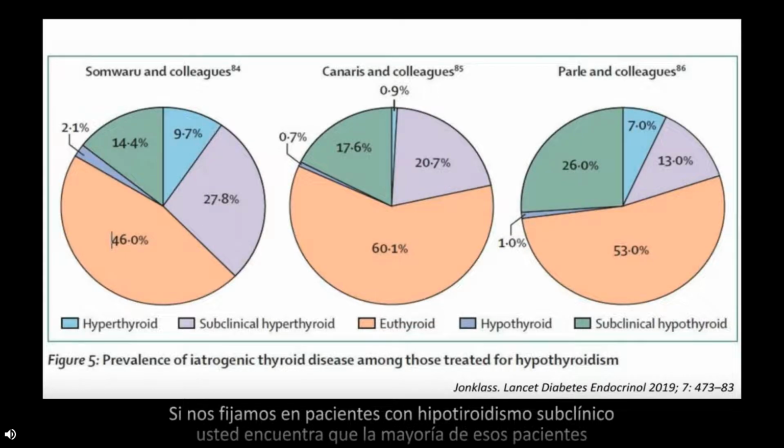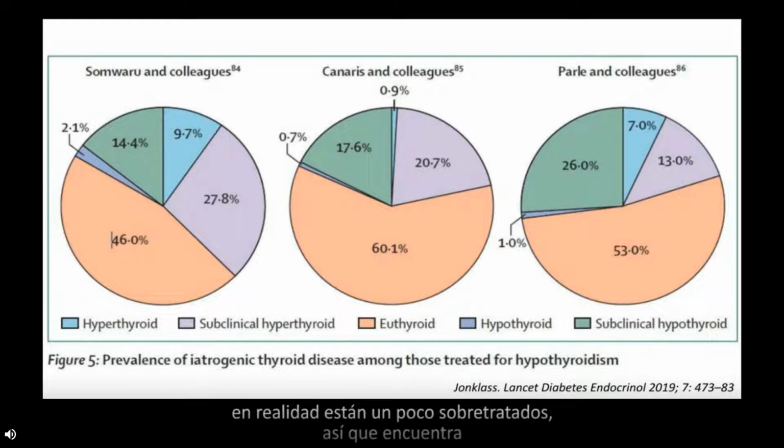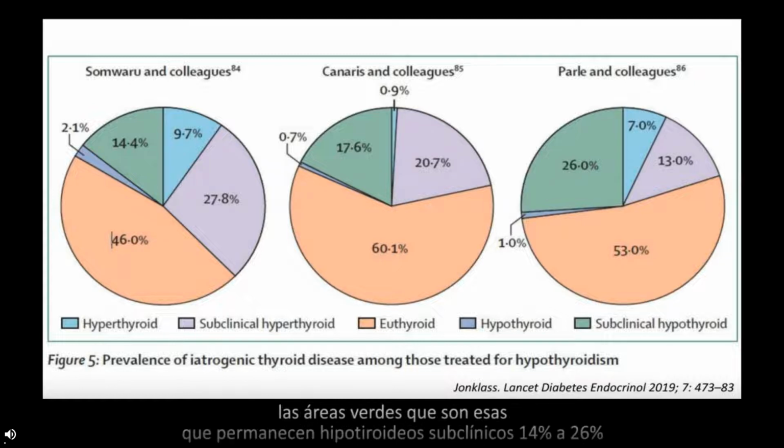If we look at patients with subclinical hypothyroidism, you find that most of those patients are actually a little over-treated. So you find the green bars are those that remain subclinical hypothyroid, 14% to 26%.